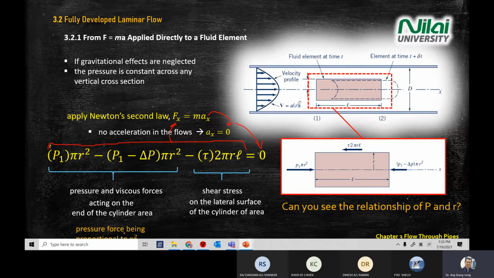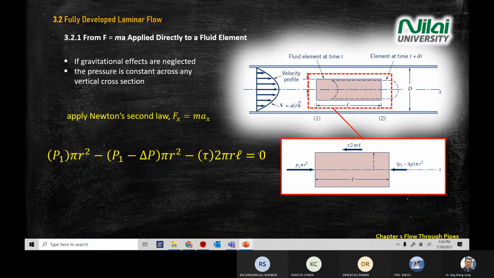Okay, there's a note there. So as you can see, the pressure is proportional to R square. The relationship between shear and R is also the same, proportional to R and so on. Okay, the next one, you rearrange the whole equation.